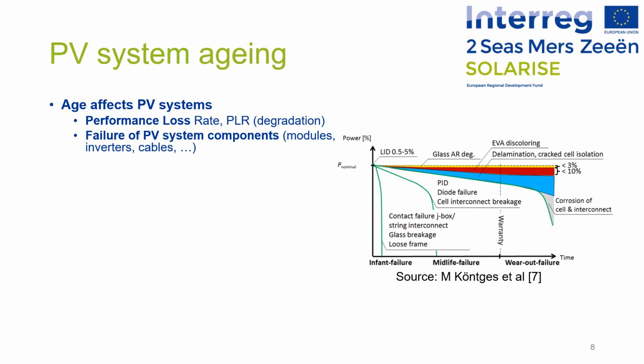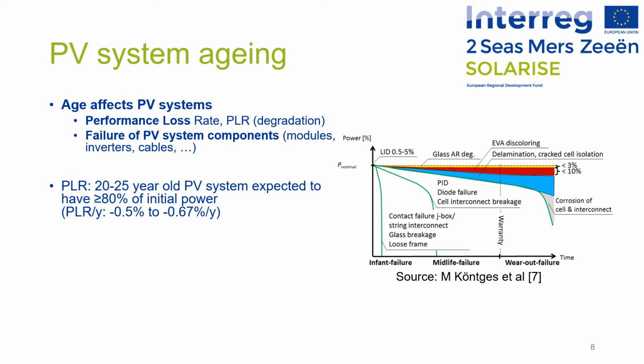The other thing that happens is the failure of PV system components, such as modules, inverters, or cables, which can result in very high power losses if they happen. It is known through experience to date that 20 to 25-year-old PV systems are expected to have more than 80% of their initial power, which corresponds to an annual PLR of 0.5 to 0.67% per year.